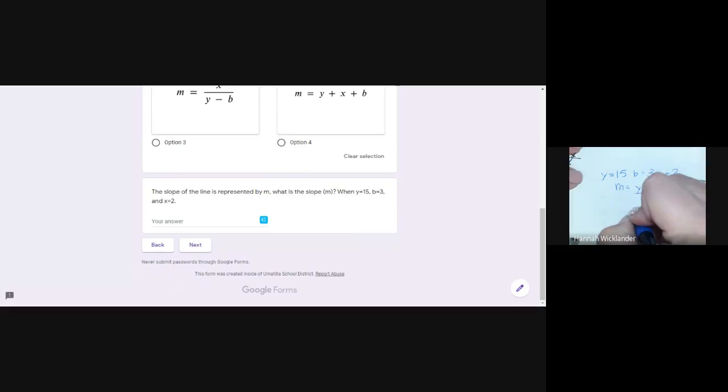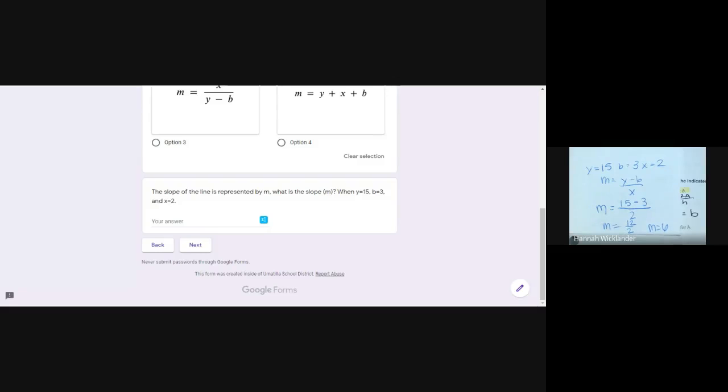For y, I have 15. I'm going to keep the subtraction sign, and for b, I have 3. Keep my division, and then put 2 in for x. And then I'm going to solve. 15 minus 3 gives me 12. And then I'm still divided by 2. 12 divided by 2 gives me 6. So my answer is m equals 6.